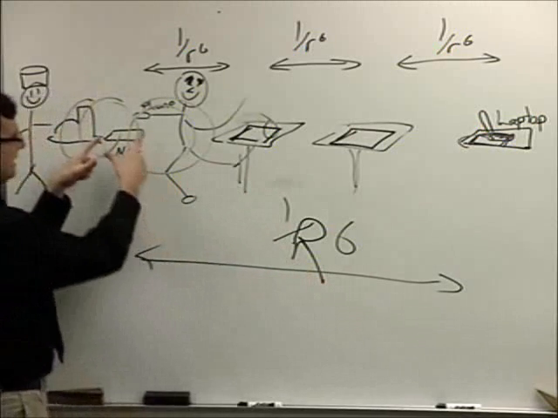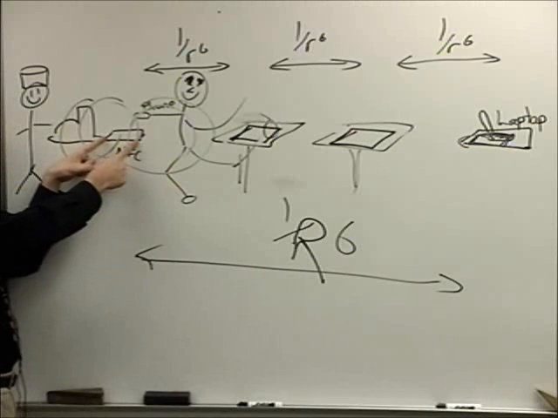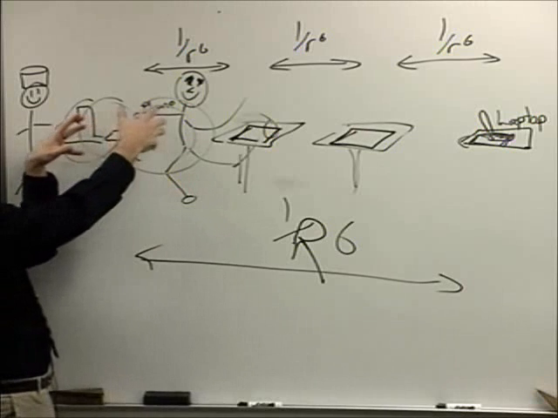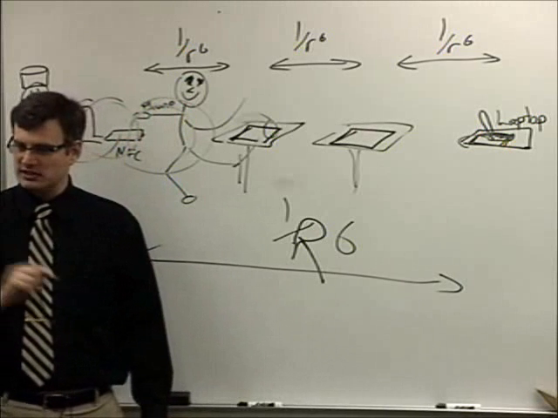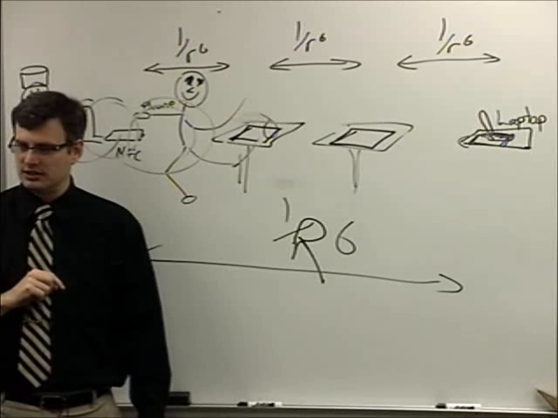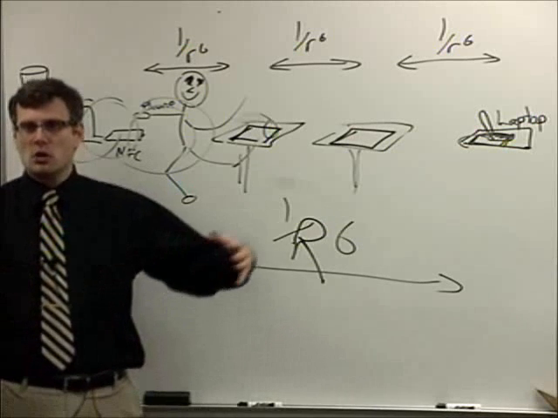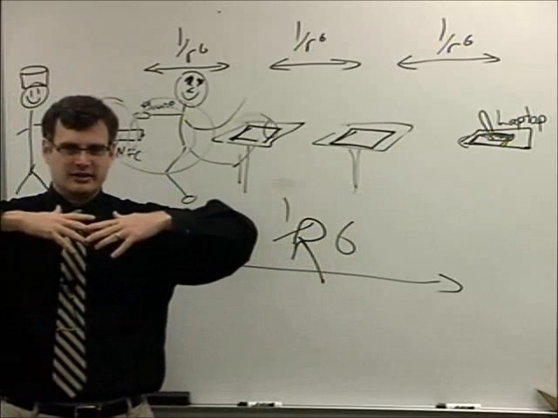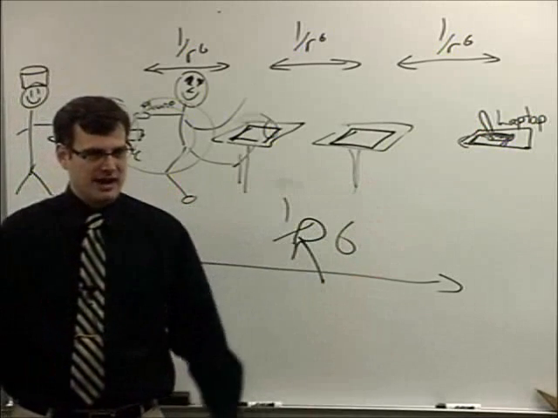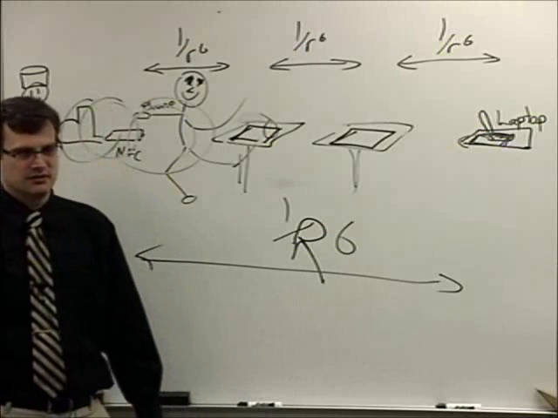In this case, if this was being excited by really high frequency UHF or microwave frequencies, power would be radiated out, and you'd find that the power falls off 1 over r squared instead of 1 over r to the 6th. And so it can go a long way. It can cover an entire city block or an entire city if the power and the frequency is good.